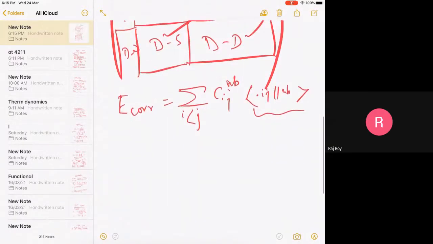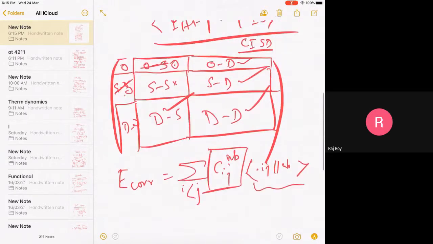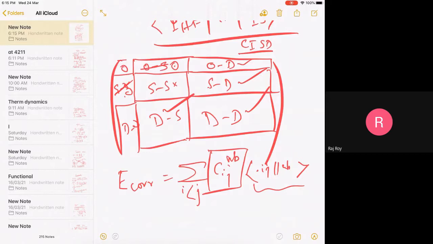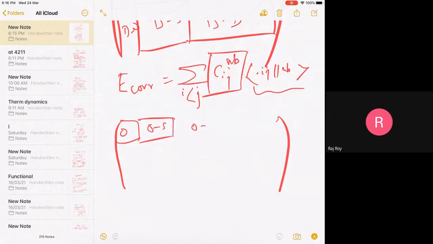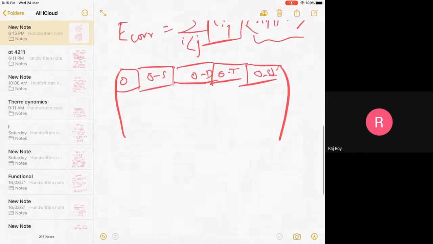But the point is that these matrix elements themselves have to be evaluated from a bigger matrix. So if you do CI doubles or CI quadruples, let's say, then you have a 0, then you have 0 singles, you have 0 doubles, 0 triples, and so on, right? And 0 quadruples. And then similarly, all the other blocks will come.